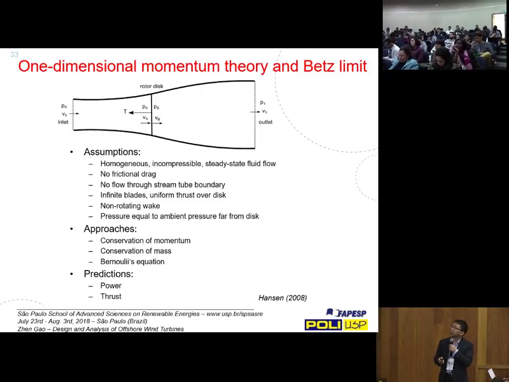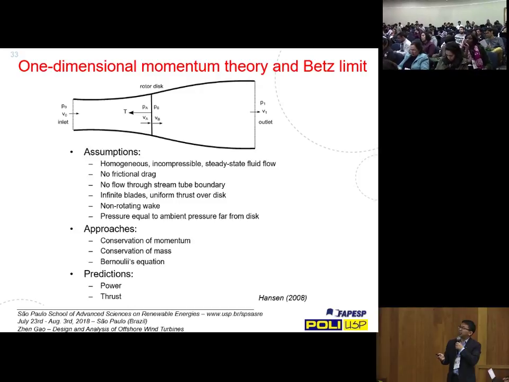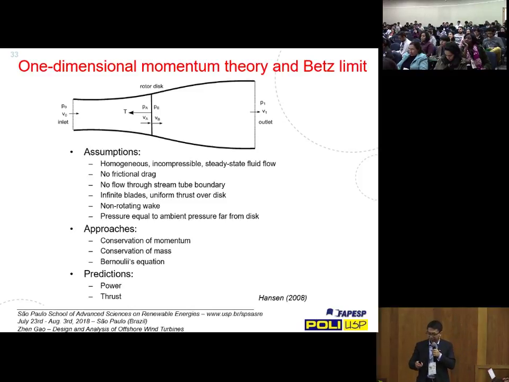Basically, we start with an ideal actuator disk, which is placed here in the wind field. And as I mentioned, you will have force acting on the turbine. Oppositely, you will have force acting on the fluid field, which slows down the wind speed and also expands the wake.